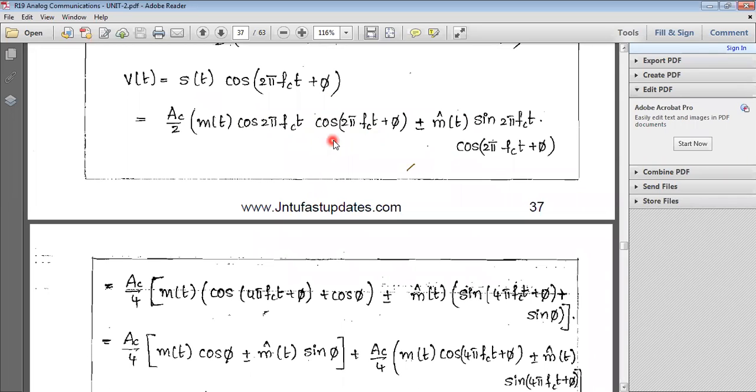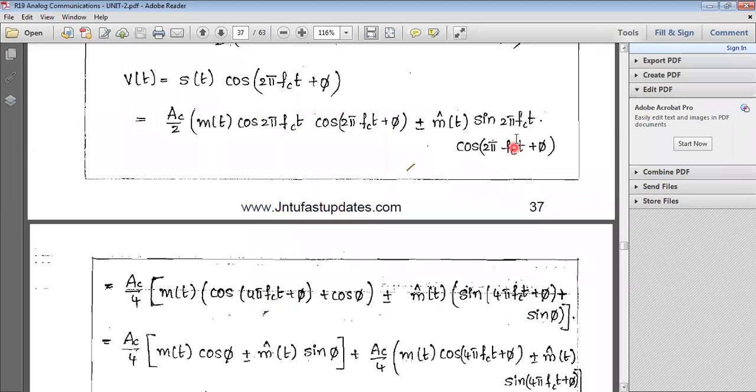So cos A cos B is cos A plus B plus cos A minus B. What is A plus B? 2 pi fct plus 2 pi fct plus phi. So it becomes 4 pi fct plus phi. For cos A minus B, 2 pi fct minus 2 pi fct minus phi. So therefore it becomes cos phi.